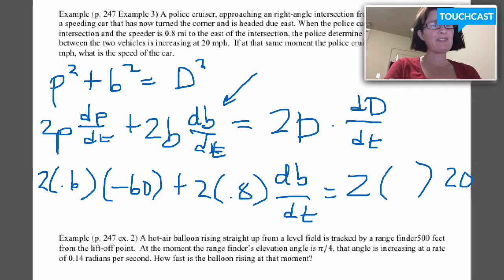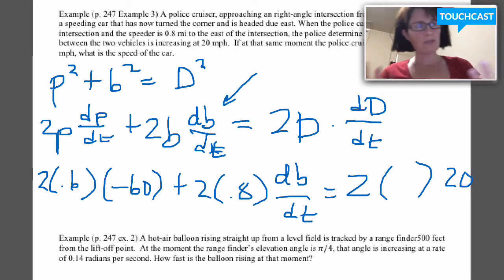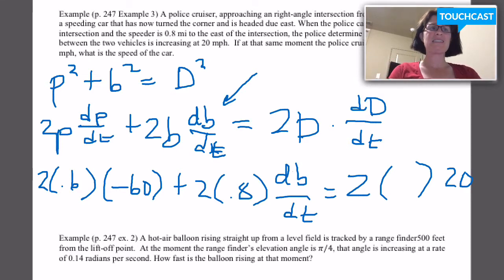I was so excited because I was going to solve for dB/dt and be finished, but then I got stuck because I didn't know what to plug in for D. Nobody told me how far apart the police cruiser and the bad guy are at the exact moment when the distance between them is increasing at 20 miles per hour. So it's our job to use whatever math we know to figure out that distance.